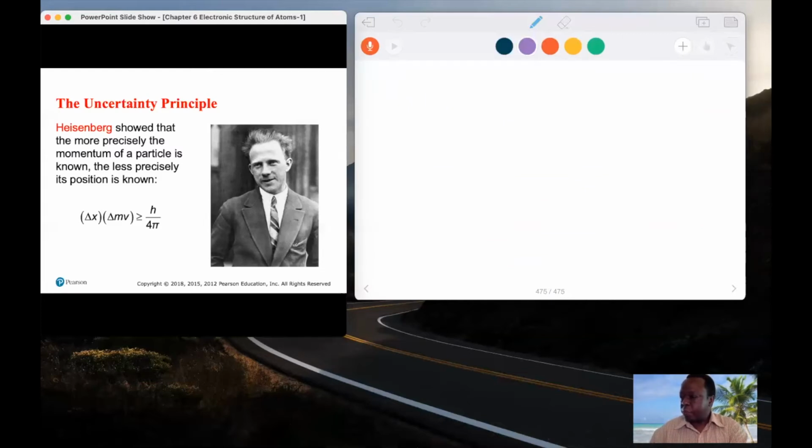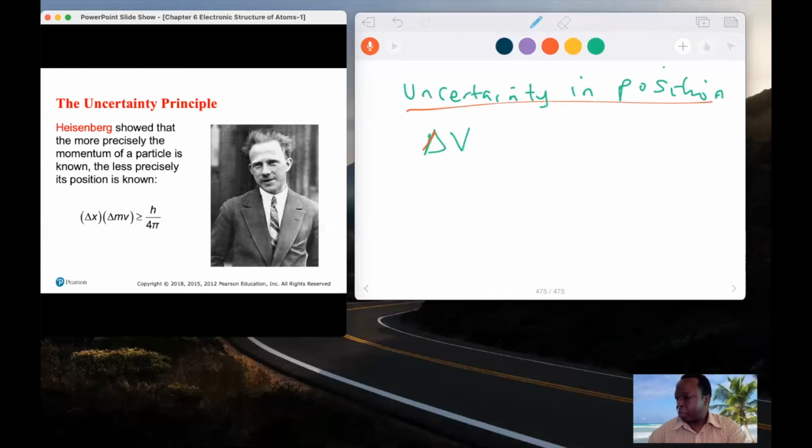Two questions from this uncertainty principle: the uncertainty in position is just making the uncertainty in position the subject of the formula. We're talking about the position here.